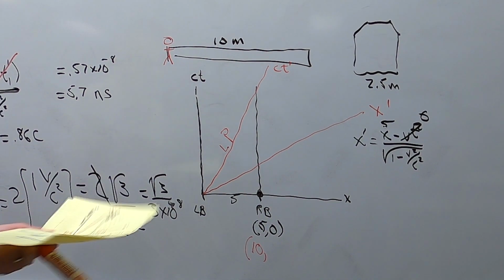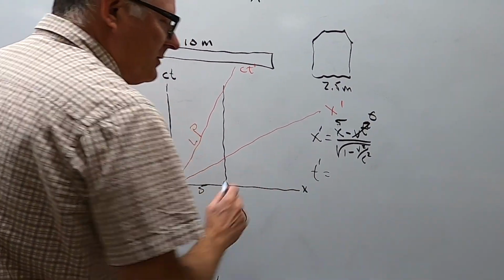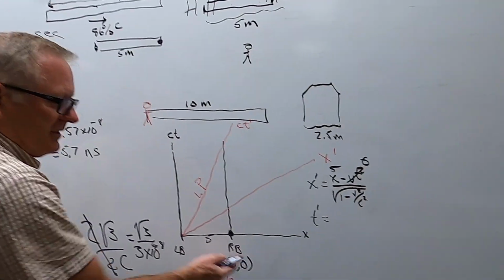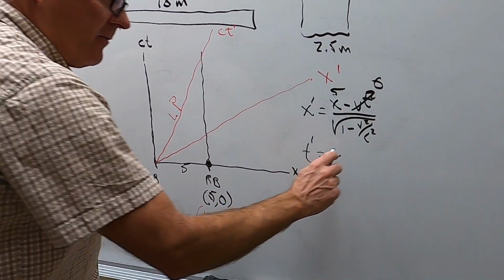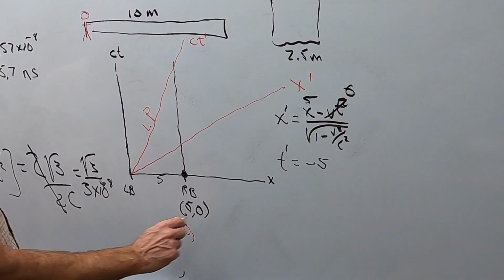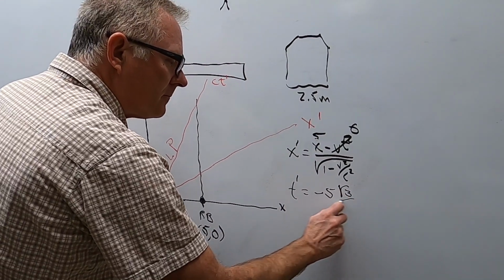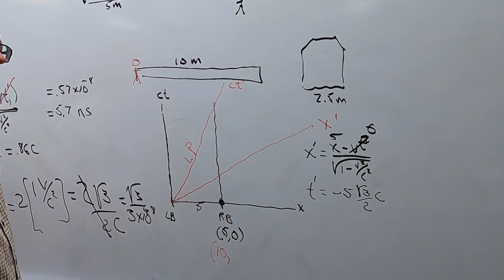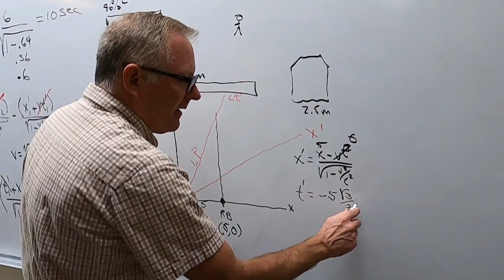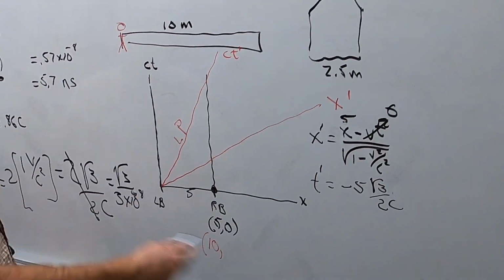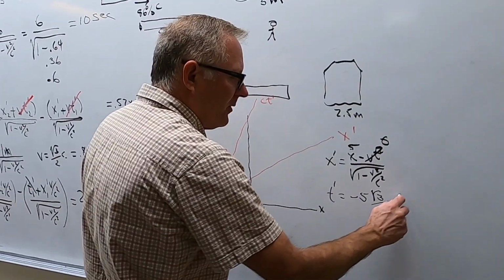So if we wanted to find the t value right there, we could say t prime is equal to t, which is 0, minus x, which is 5, times v, which is square root of 3 over 2 times c, all over c squared, which just gives me a c in the bottom, divided by the square root of 1 minus v squared over c squared, which just gives me another factor of 2 in there.